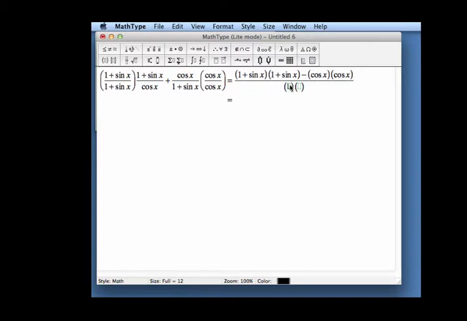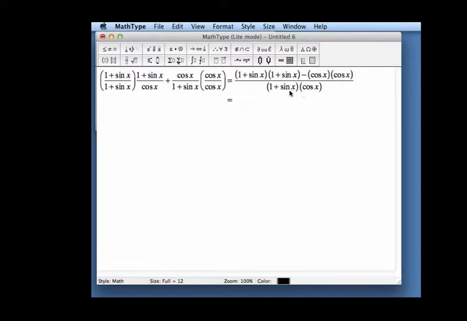On the bottom, I've got 1 plus sine of x and cosine of x. And a common mistake I see a lot of students make is multiplying the bottom out and getting cosine of x plus cosine sine of x. Factored form is your friend in this case. If you can have something in factored form, it's nice because you can maybe have a common factor on top that you can cancel out.